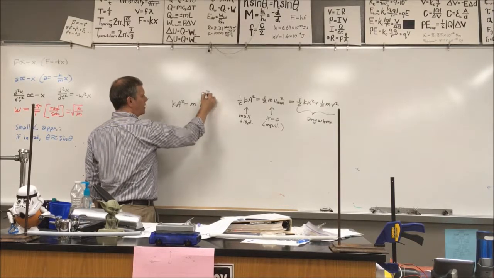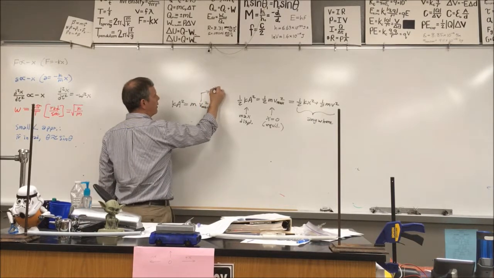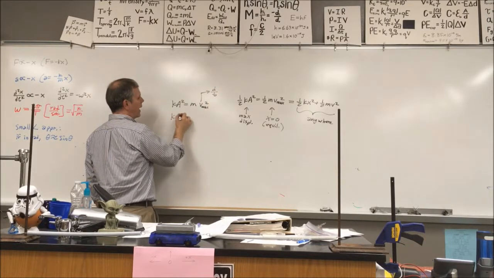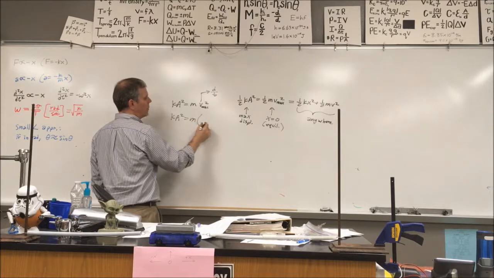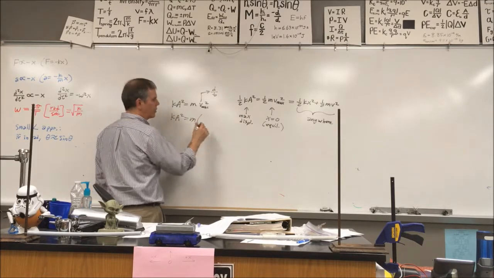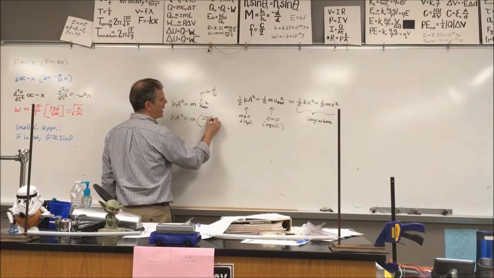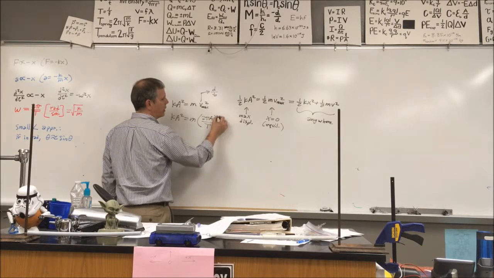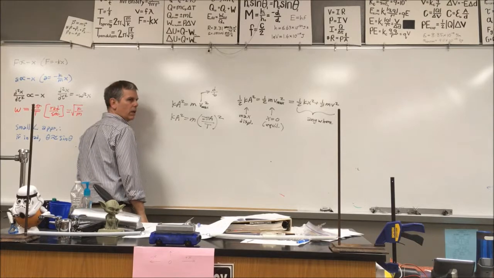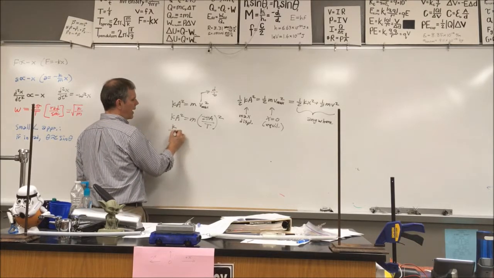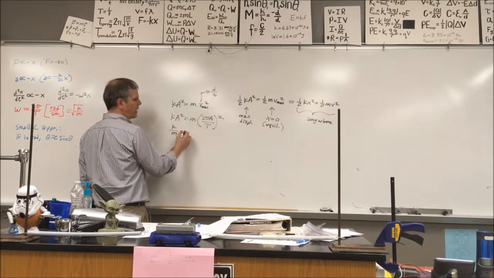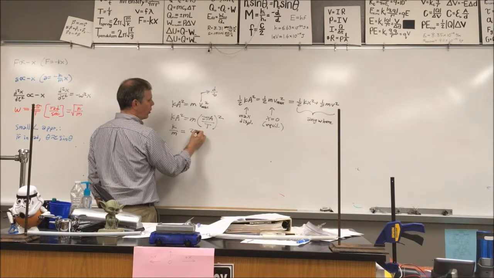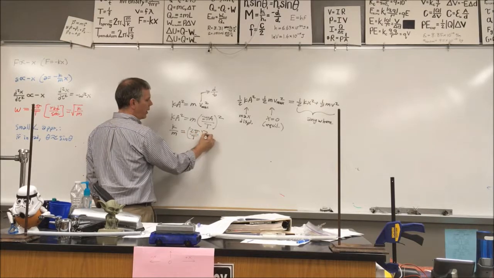Well, you know, velocity is distance divided by time, which would equal my distance around the entire circle, 2 pi a, the circumference, divided by the period, so squared, which would give me k over m, the a squareds cancel, equals 2 pi over T squared.